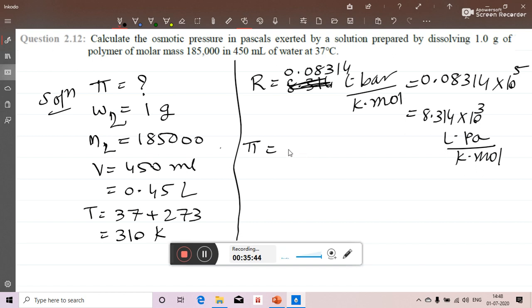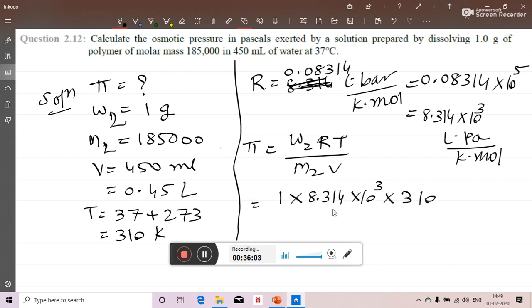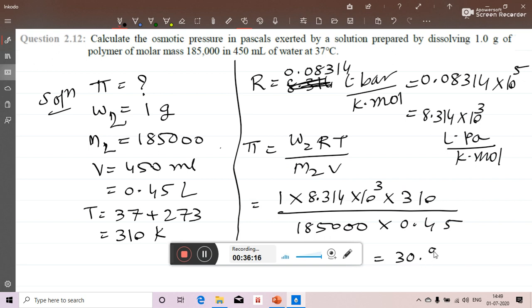So W2 is 1 gram, R in terms of liter Pascal per Kelvin per mole is 8.314 into 10 raised to 3, temperature in Kelvin is 310, upon molar mass of solute 1,85,000 into volume of solution in liter, 0.45. So our final answer will be 30.96 Pascal. So that is the osmotic pressure in terms of Pascal.